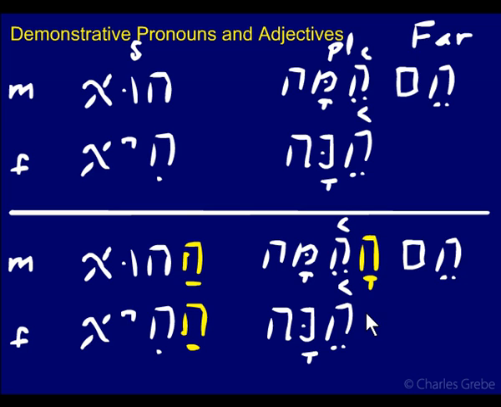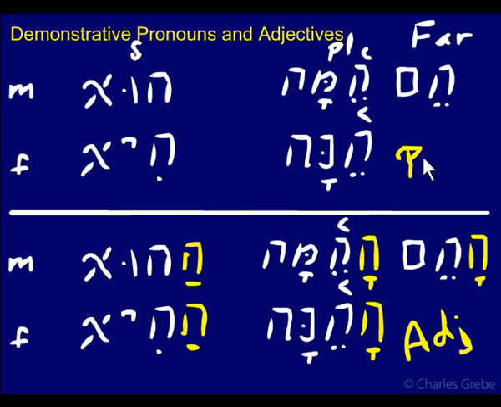But whatever, that's not that important. You'll recognize this as the article, whether it has the kamets or whether it has the patach. The important thing here is that if you have the article on these, then you have an adjective. Okay, I'll put adjective here. Just like with our near demonstratives. And without the article, you have a pronoun.